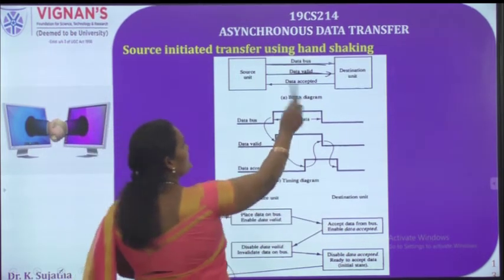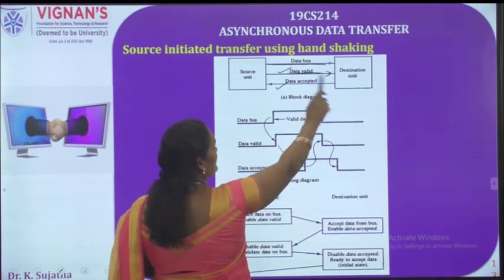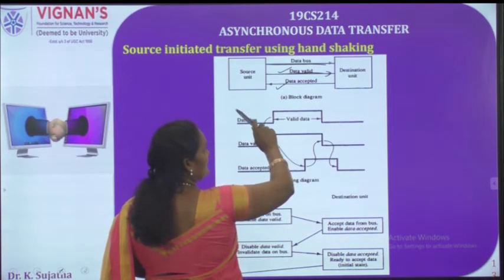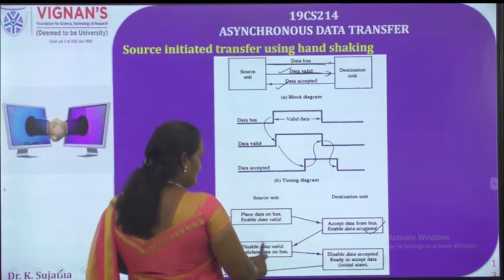Here this is the first control and this is the second control. One control is in the same direction as the data flow, and the other control is in the opposite direction from the destination unit. Now it enables the data accepted line.